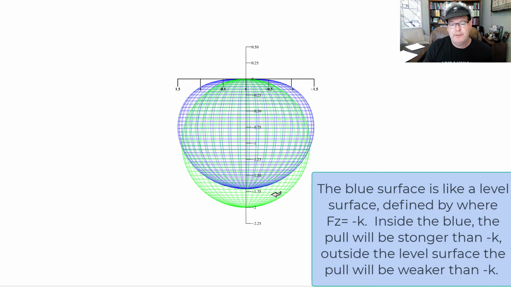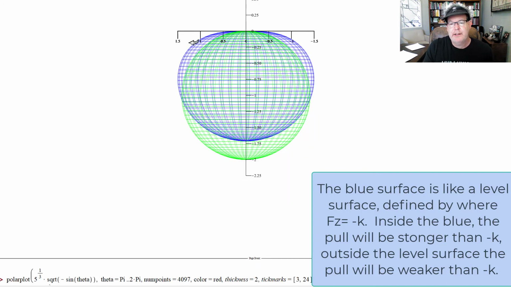And if you move it to the outside, you're moving it outside this surface. The z component of the force would be weaker. So any deformation of this surface, which has a constant pull, that's how we solve for it, means that you essentially took mass from inside, where the pull would have been stronger, and moved it to the outside where the pull will be weaker. So that's how we know this shape will have the max pull.